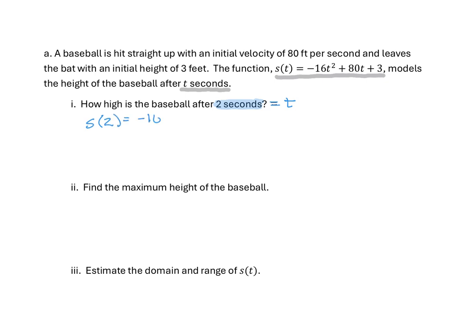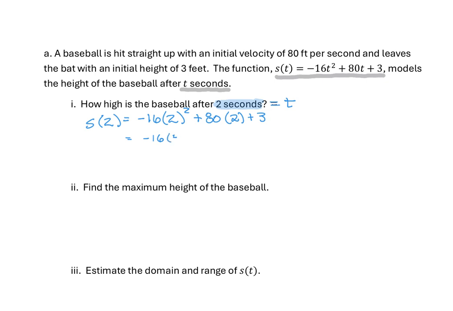So we get negative 16 times 2 squared plus 80 times 2 plus 3. You can use a calculator to finish simplifying this. But just to remember, we do want order of operations.